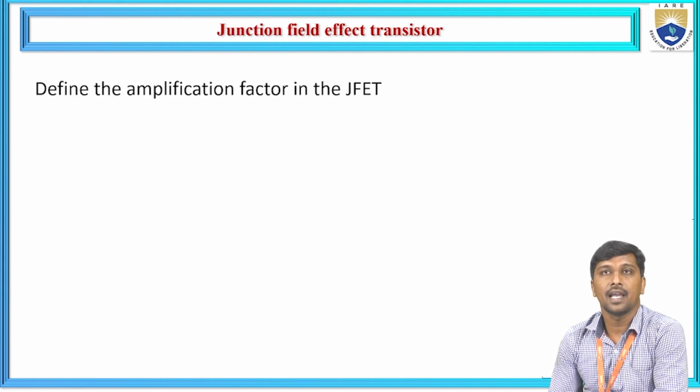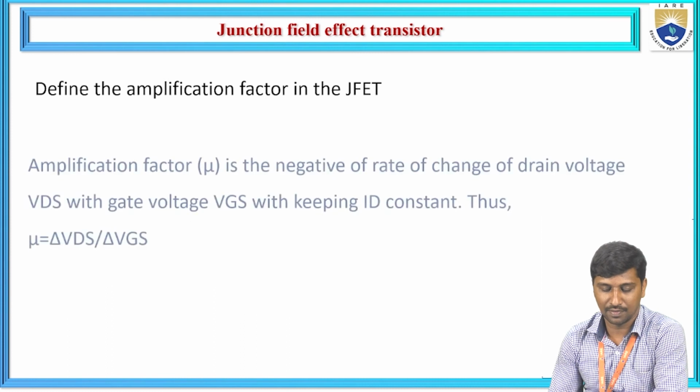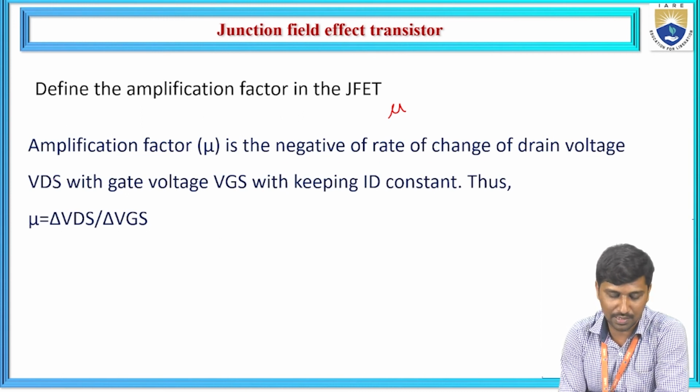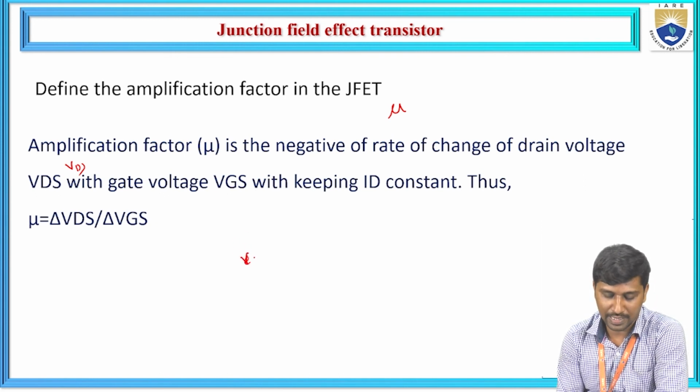Define the amplification factor in the JFET. The amplification factor in the JFET is represented as mu. Generally, gain is defined as the ratio of the output parameter to the input parameter.